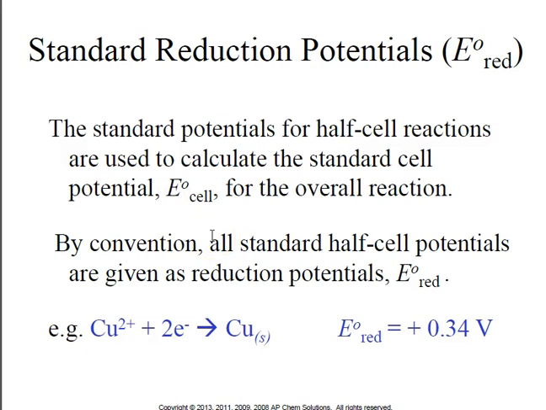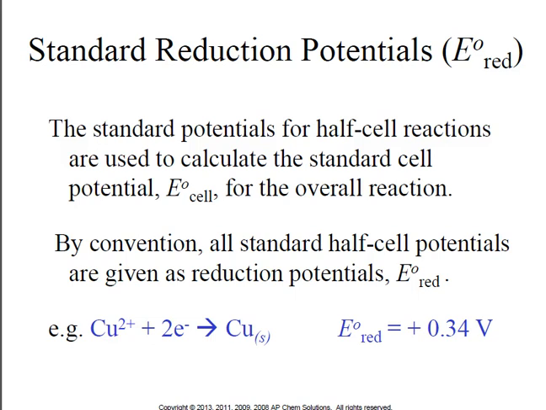By convention, all standard half cell potentials are given as reduction potentials. So they've already determined the potential energy for all of the metals that we could use, as well as some nonmetals that we could use as our cathode and as our anode. They are writing them, though, in the half.